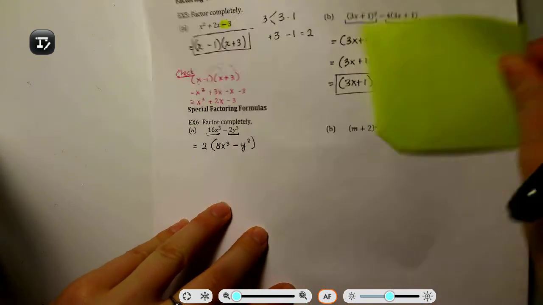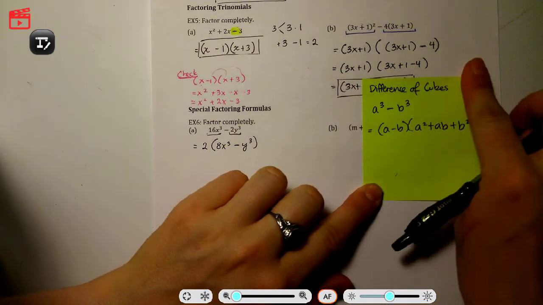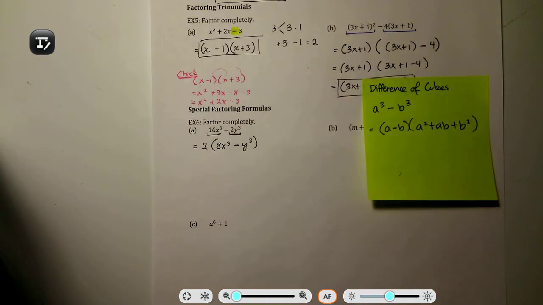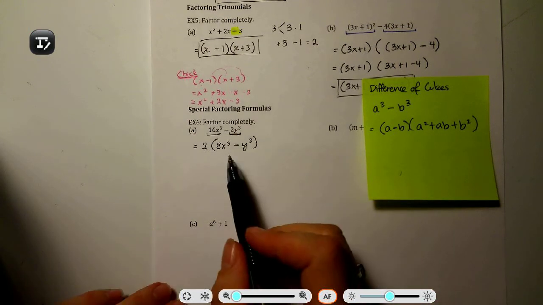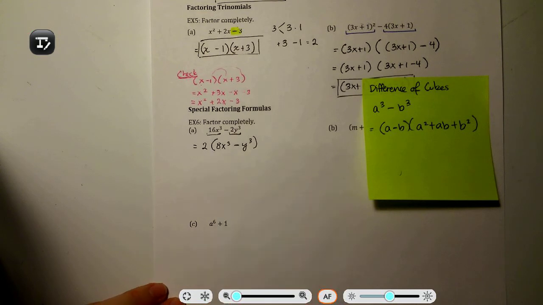Let me go ahead and stick that sticky note up on the side here for reference. Okay, the only problem I have here though is I have this 8 here. That 8 is not being cubed, so I have to figure out how to rewrite this so I can factor correctly.